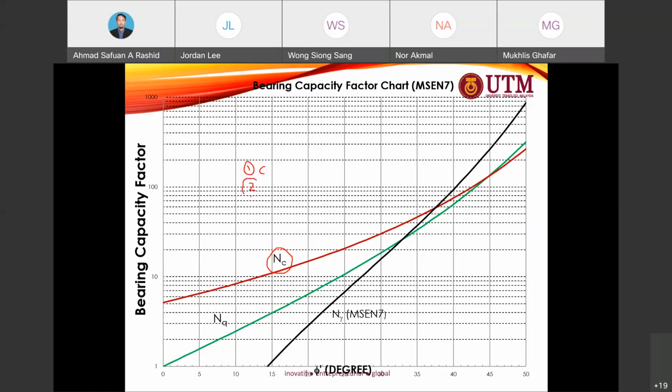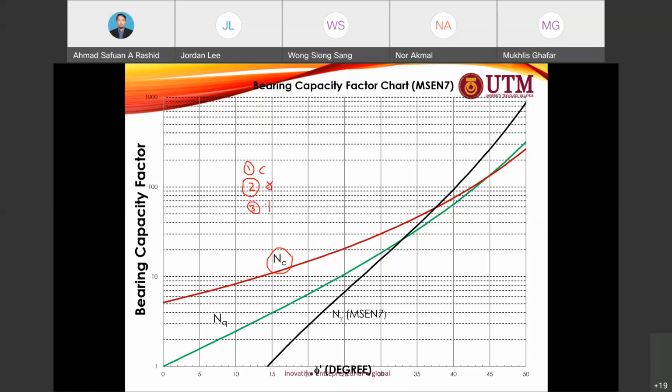Then Nq is more related to sub-equation number 2, where the gamma that we use is the gamma above the foundation's base. And then we have sub-equation number 3, which is the N gamma.